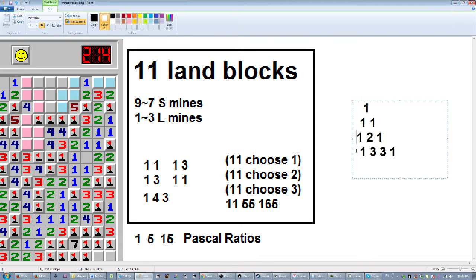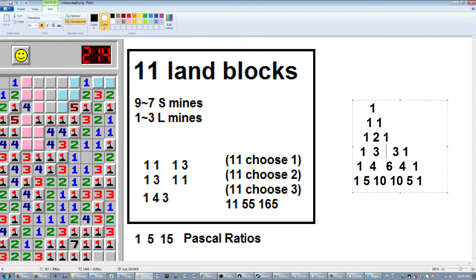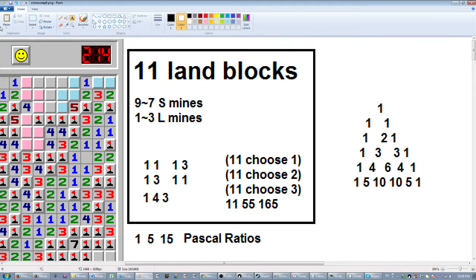So I think I'll show you a bit more. 1 4 6 4 1, 1 5 10 10 5 1. Oh god. Okay, I can't do the spacing now because the numbers became 2 digits and stuff. Oh, great. I don't know, something like this. Okay, well, now I'm bad at triangles.